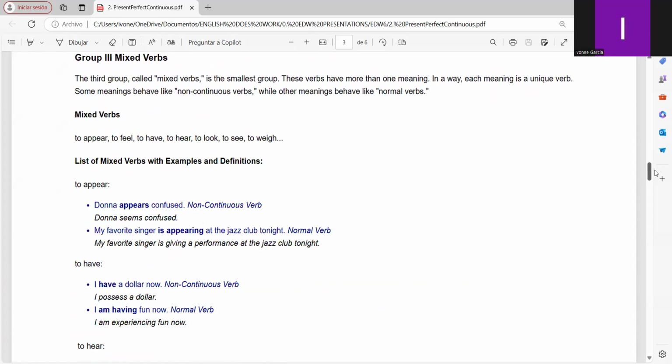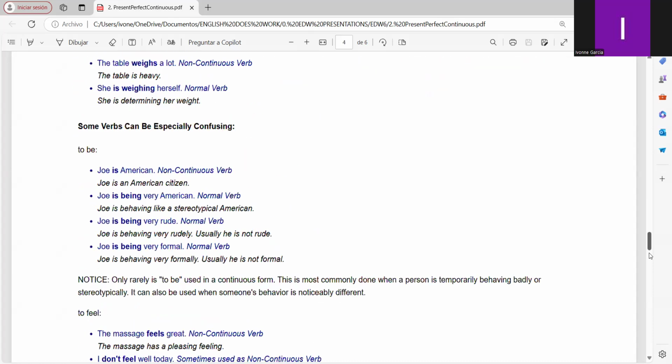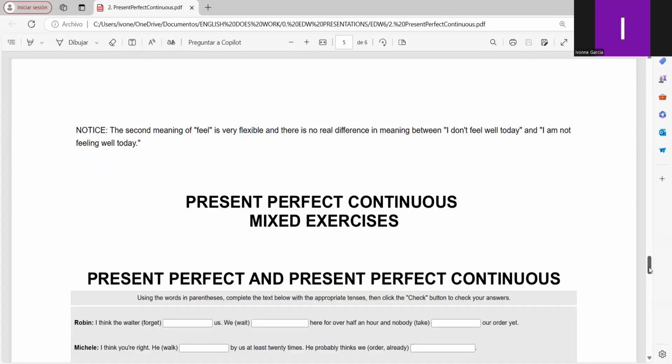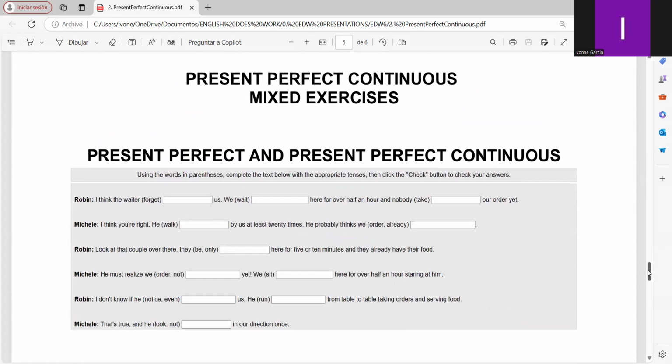Okay, here we have some mixed verbs, but let's say that's not important for this subject now. So let's go right away to the exercises. And here, remember that we have some keywords we use with perfect tenses.